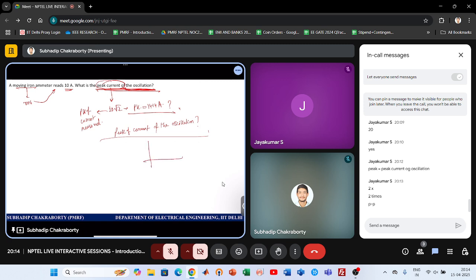In the RMS, if it is a sinusoidal signal and it is telling you the RMS value of this sinusoidal signal, V peak by root 2 is RMS, right? So V peak is RMS times root 2. Okay.